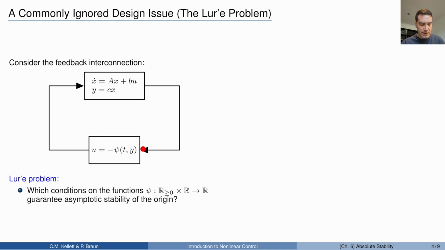That output y goes through some potentially unknown nonlinear function depending on time and output y, giving us the input u, and we are interested in asymptotic stability of this closed loop system for classes of functions psi.